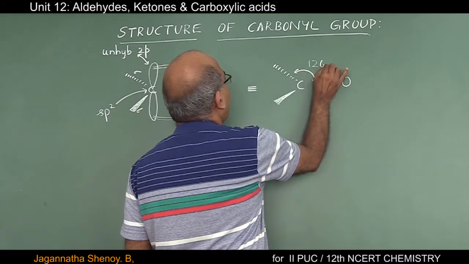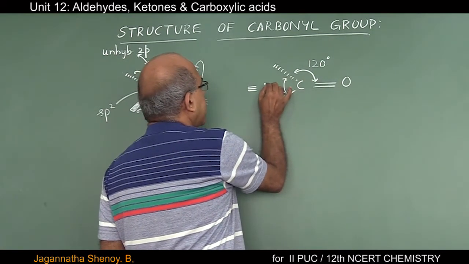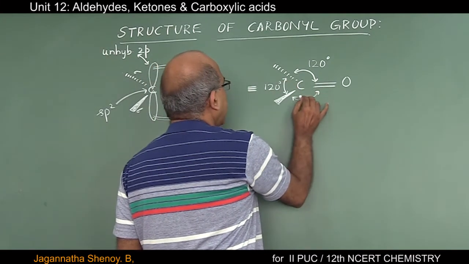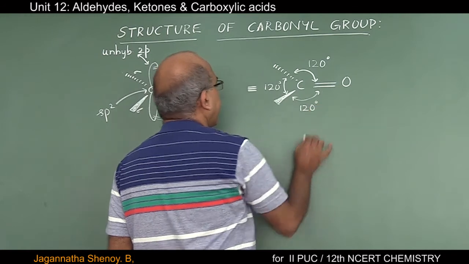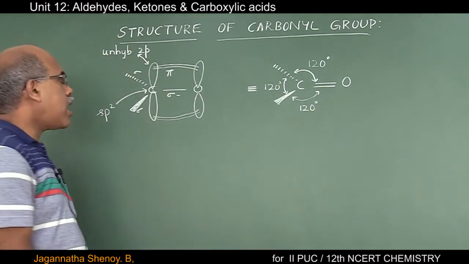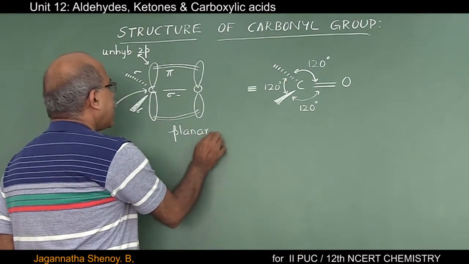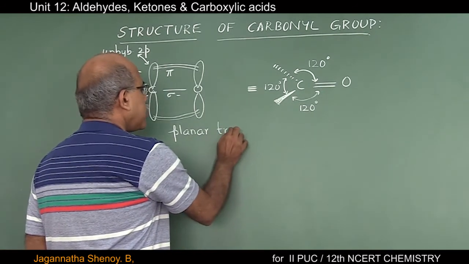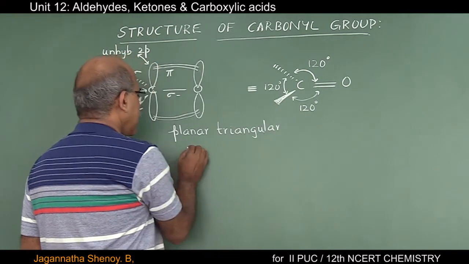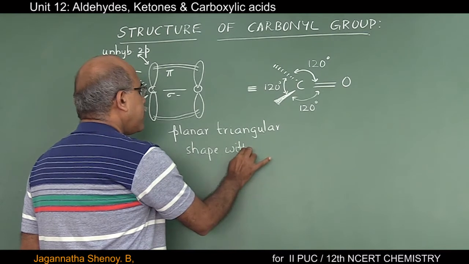So this is 120 degree. And this is again 120 degree. In other words, the carbonyl group has a planar triangular structure with bond angle equal to 120 degree.